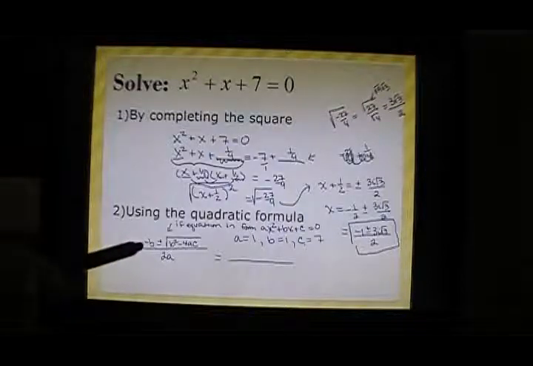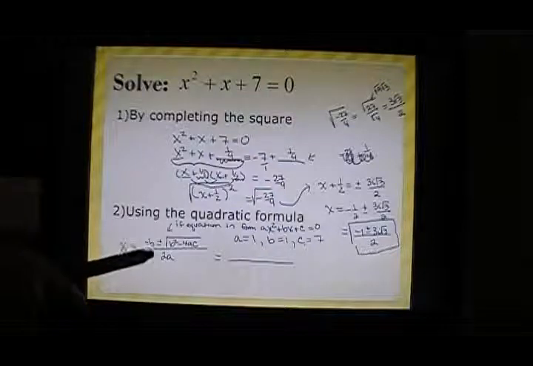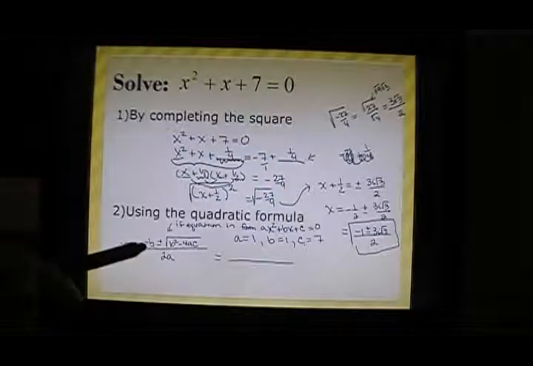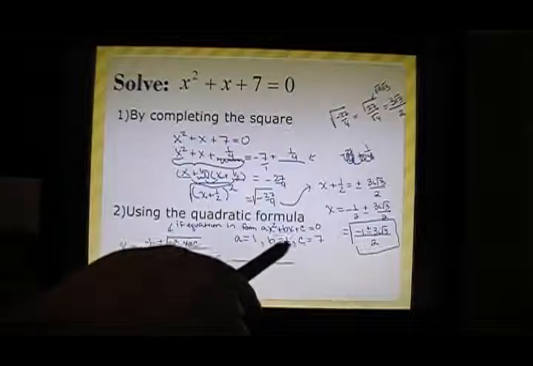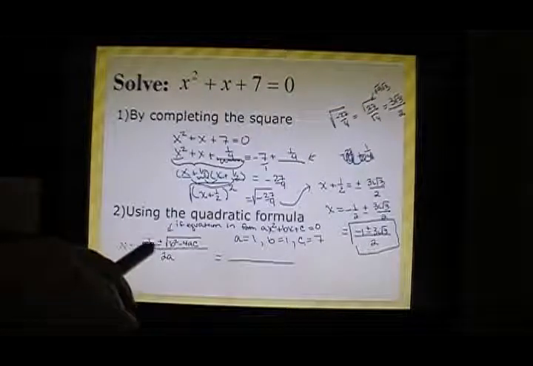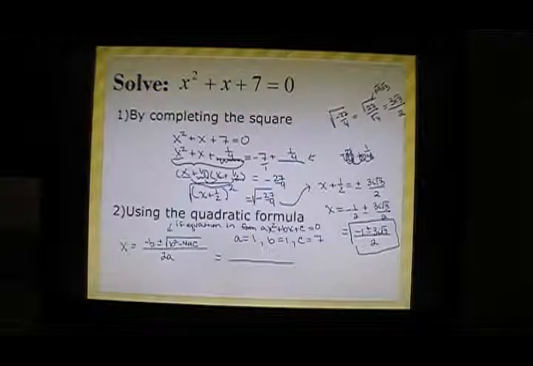So you can read that as negative b or the opposite of b. In terms of use with the quadratic formula, it's easiest to read it as the opposite of b. So here, b is positive 1. The opposite of that is negative 1.